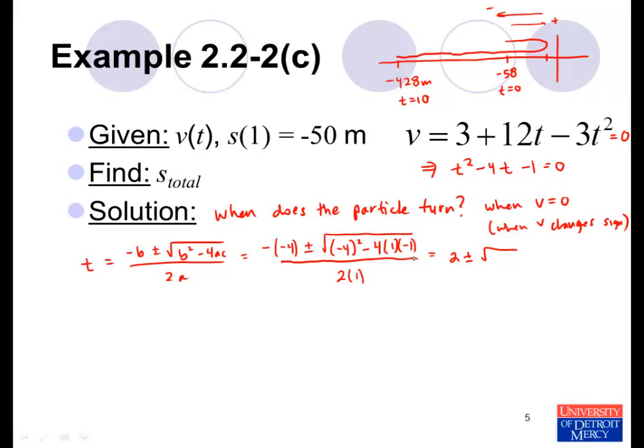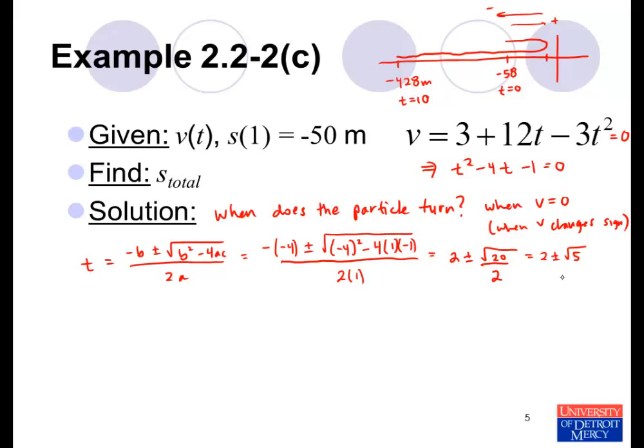Subtracting a -4 becomes the same as adding 4. It's the square root of 20, still divided by 2. And so 20 is 4 times 5. So we can take the square root of the 4, which will be 2, and it'll cancel that 2. So this is 2 plus or minus the square root of 5.